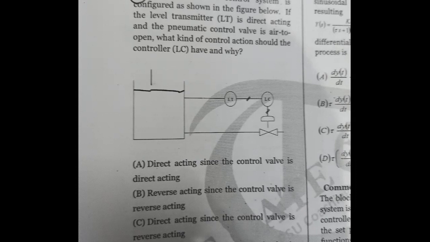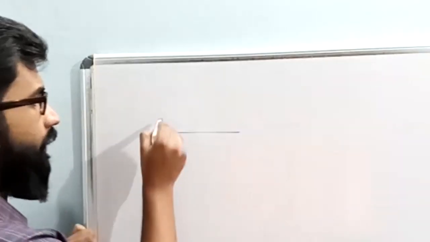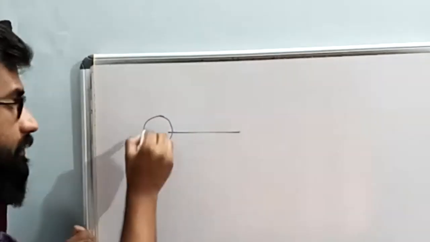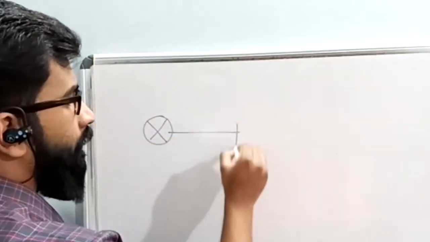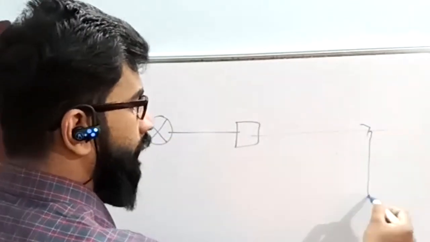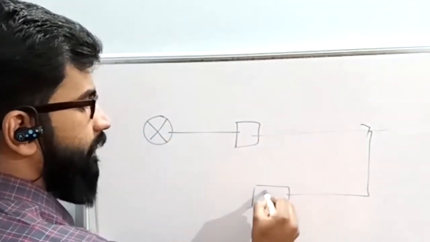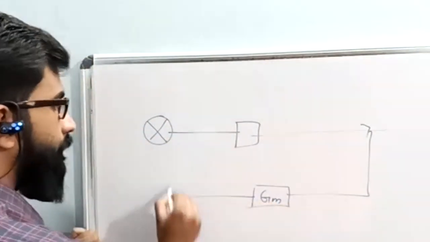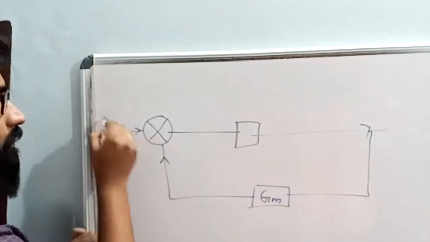So the plus minus concept is, if you remember, when we use, for example, in the comparator, a basic example, like this. Here this is your GM, and this is YSP.